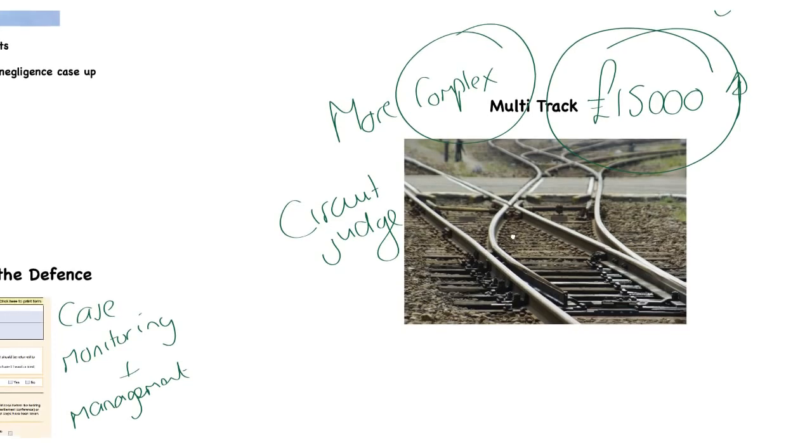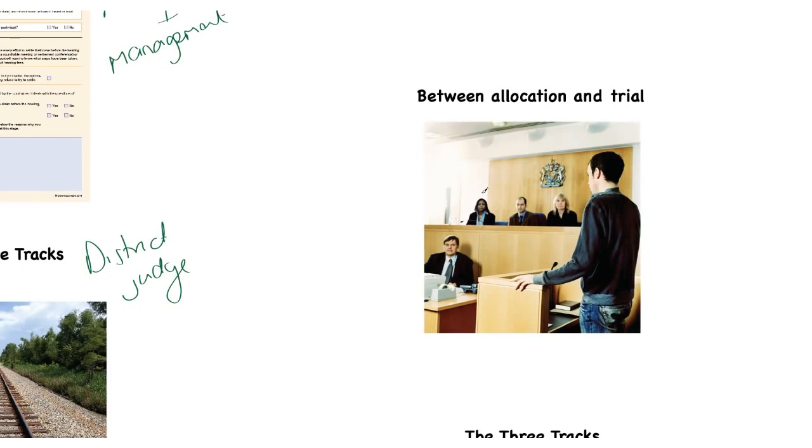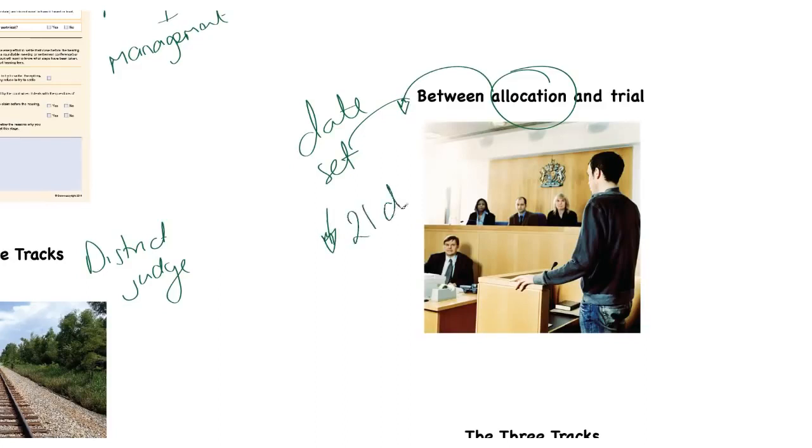And finally, the last thing that I just want to look at is what happens between the allocation of a track and the trial. So after the court allocates, I should say after the allocation, a date is set. So you've got allocation and then date set. And that's no sooner than 21 days.